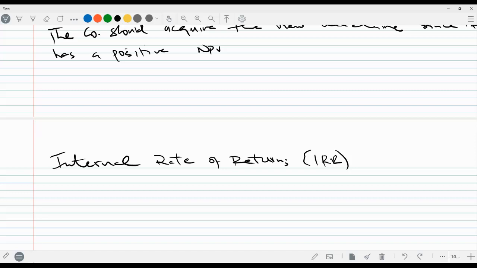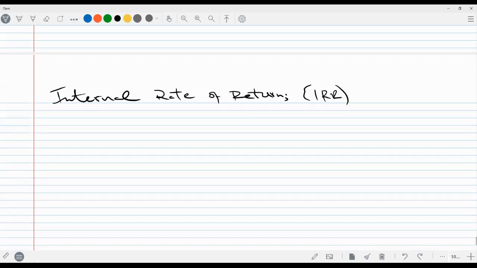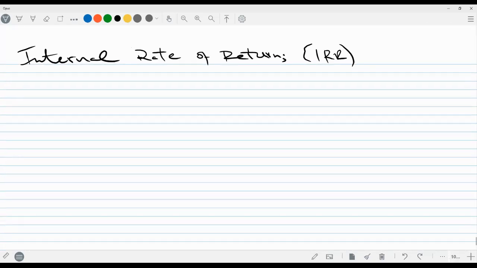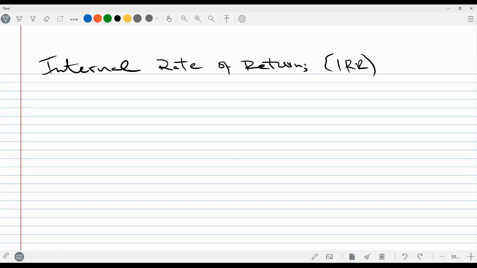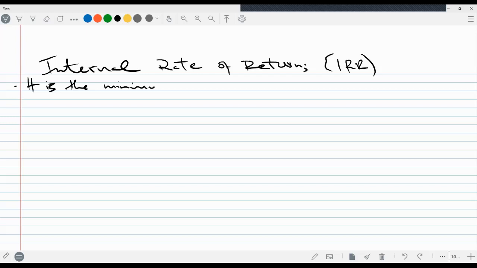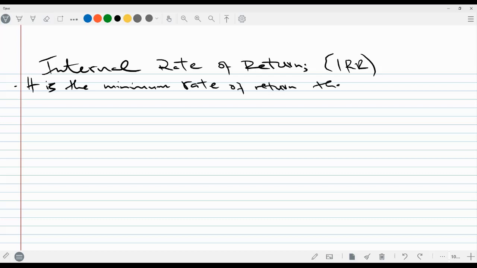Now, when it comes to its quantification, because we want to estimate it, let me first write down, before we explain more: it is the minimum rate of return the project will yield over its lifetime.